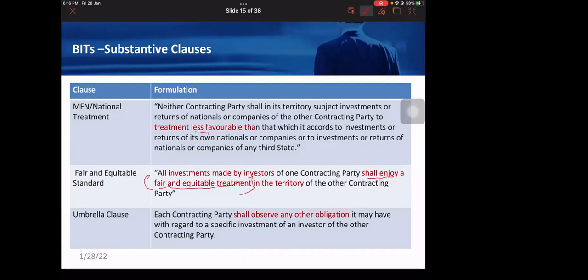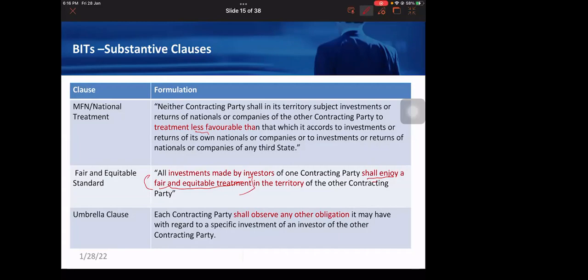And this has obviously been the subject matter of litigation in all the investment arbitration issues. The predominant number of cases are on the fair and equitable standard because, as you see, it's a very subjective terminology and has an expansive scope.